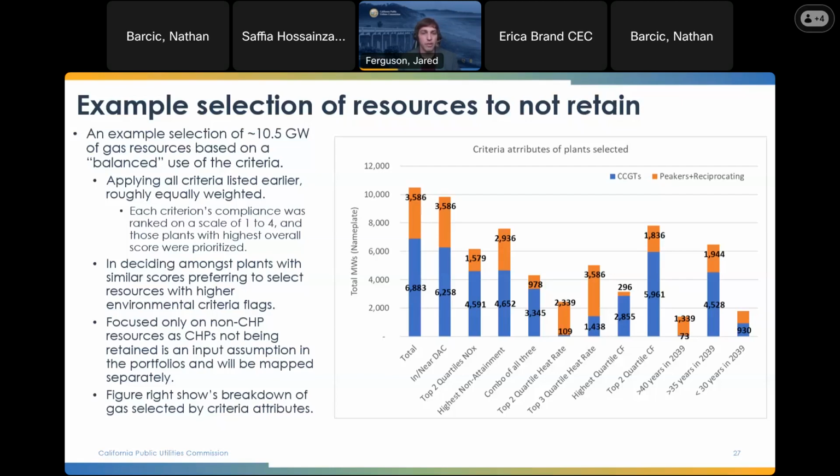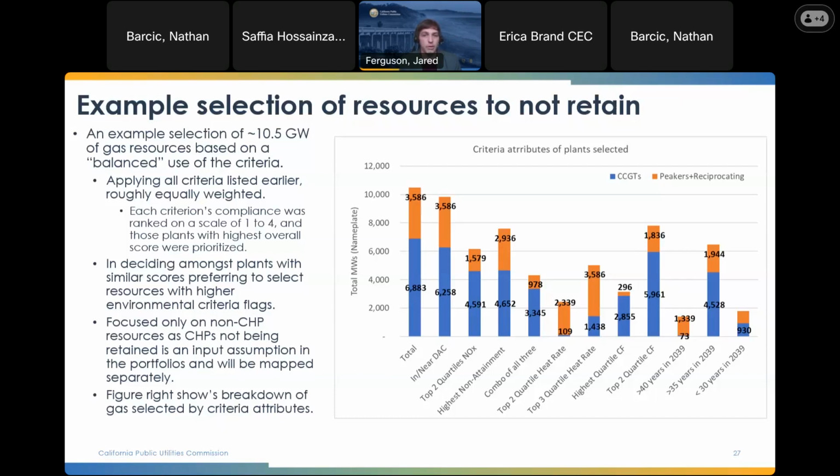So this on the right shows the breakdown of those 10.5 gigawatts of how they fall into the various criteria. You can see the total on the left, most of those are in or near DACs. You can also see a majority of them are in the higher quartiles of NOx emissions and also are in those highest non-attainment zones.